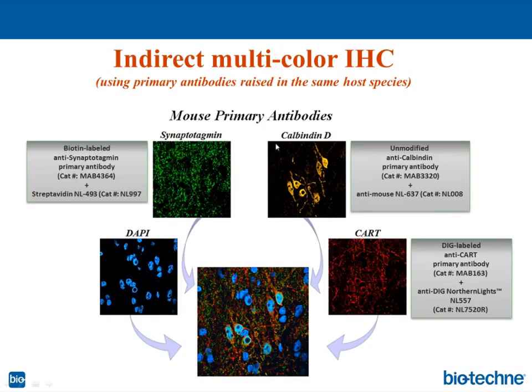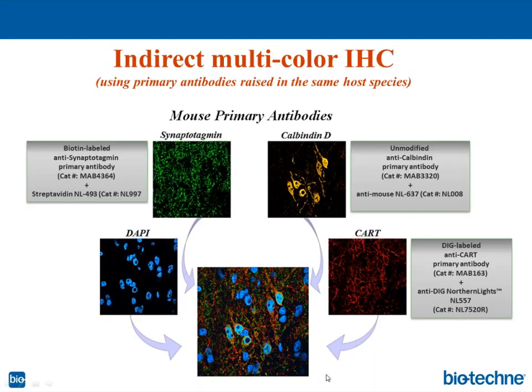And then we incubate with primary antibodies conjugated to biotin, anti-synaptotagmin, and CART primary antibodies conjugated to DIG, followed by anti-DIG secondary antibodies and streptavidin conjugated to another fluorescent dye, and of course counterstaining using DAPI. Now we have all three colors here. Color number 4 is DAPI, and then we can merge these colors and get this multicolor picture shown here.